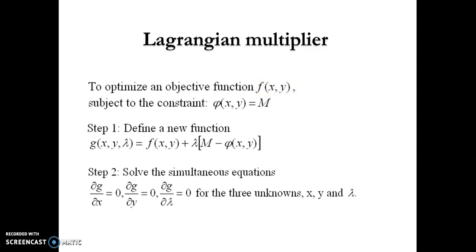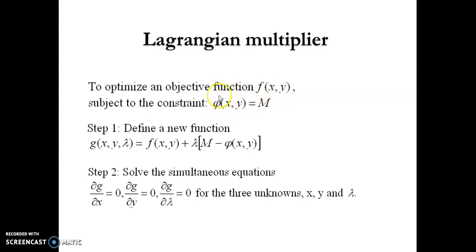For example, are we planning to maximize utility, maximize output or profits of the firm, or minimize costs, for instance? And we also have constraints that pose some limit on the optimization. For example, a budget constraint if you're looking at utility.